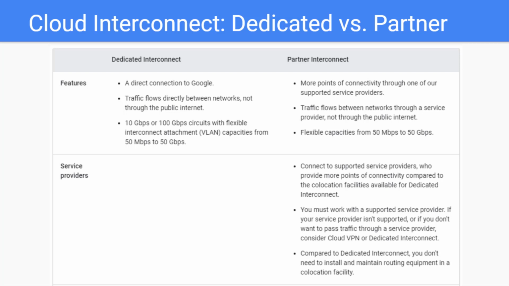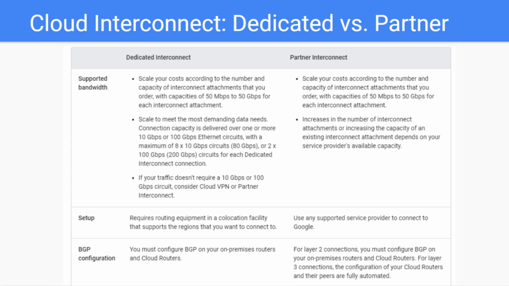Pay attention to features. You can see the interconnect options are not through the public internet. Supported bandwidth, Dedicated Interconnect has a maximum of 8 times 10 Gbps or 2 times 100 Gbps.